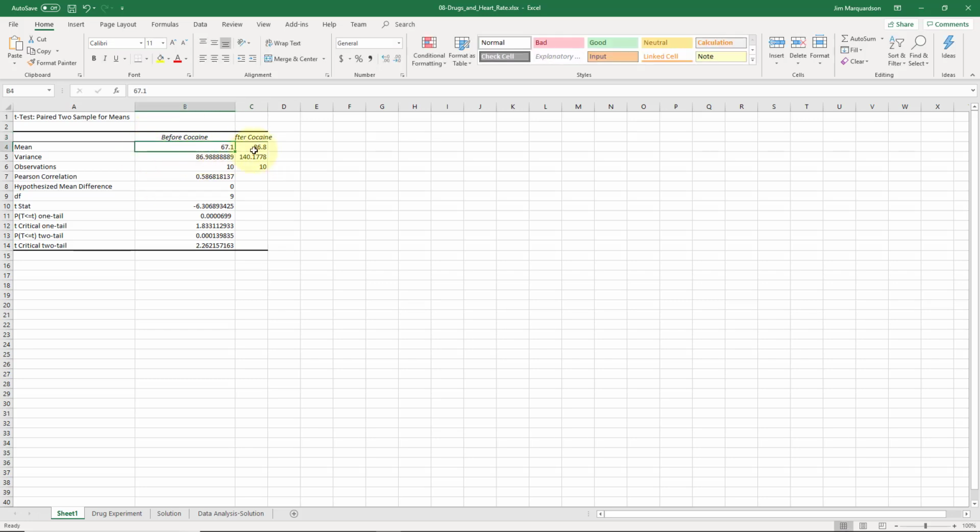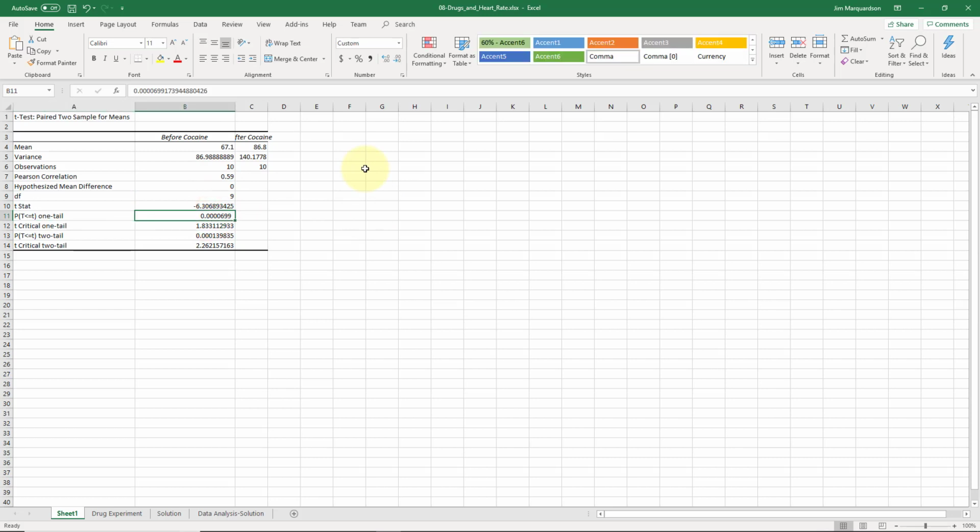So we can see the average heart rate went up quite a bit. We can see there's quite a bit of variance, less variance before cocaine than after. So cocaine seems to affect people differently. 10 observations in each group. The correlation is pretty strong, 0.59. Too many decimal places there. The t-statistic is what it is.